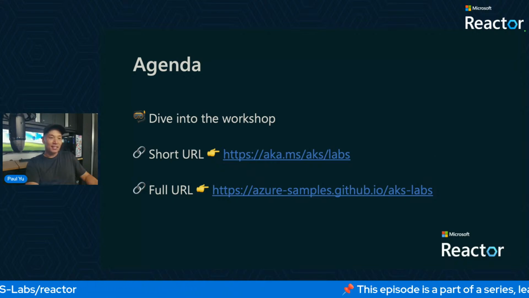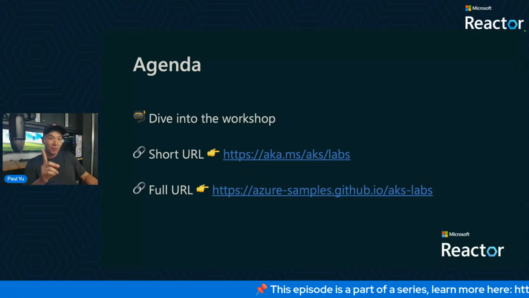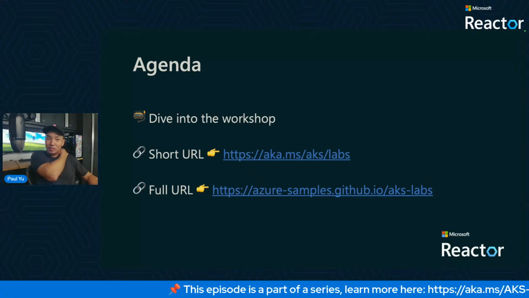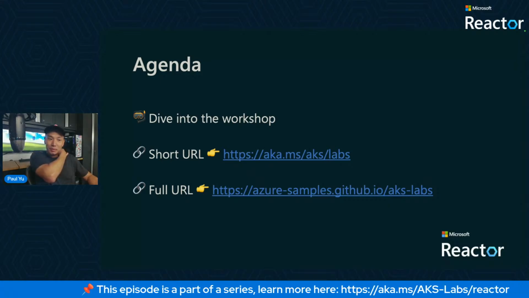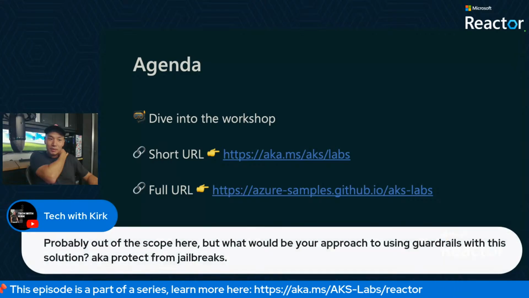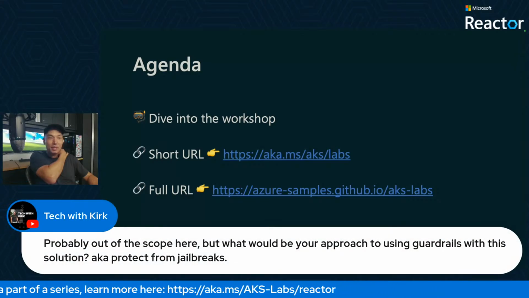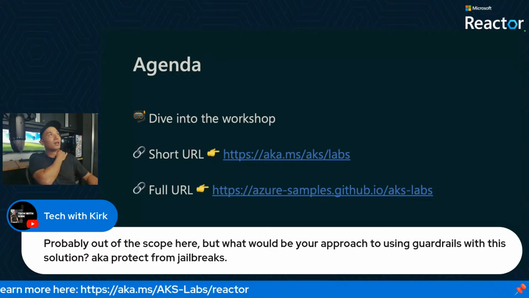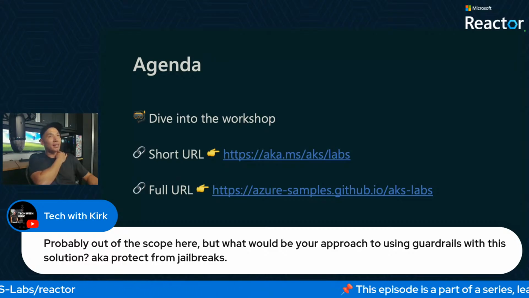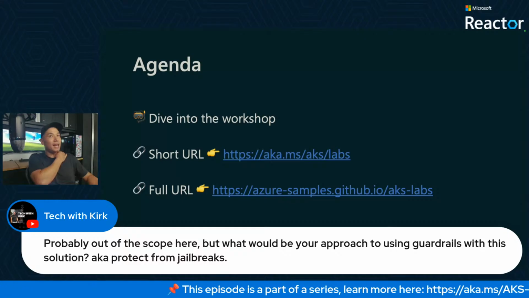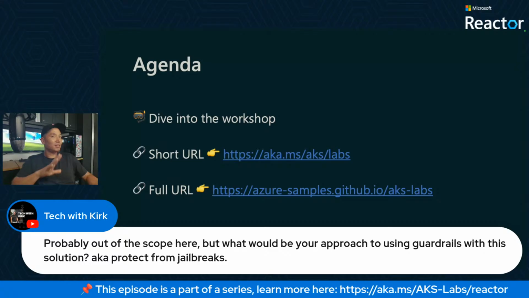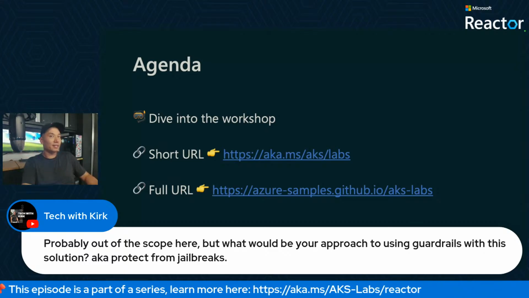Let's see. One last question, because I know we are like 3 minutes overdue. Probably out of scope here, but what would be your approach using guardrails with the solution, aka protect from jailbreaks? Guardrails, jailbreaks. So that kind of sounds like more so like protecting the LLM from deviating or doing things that it's not supposed to do.